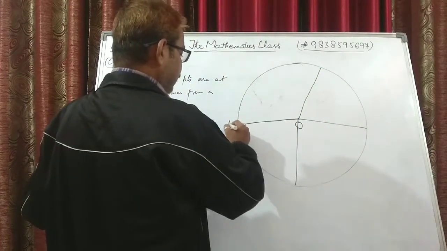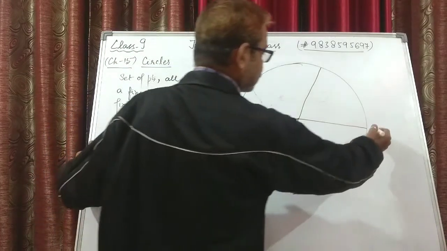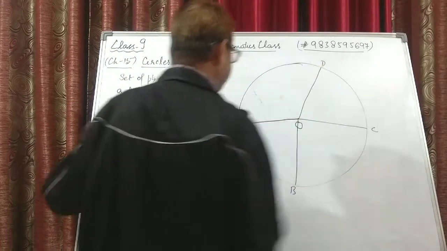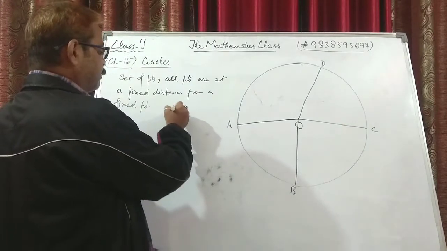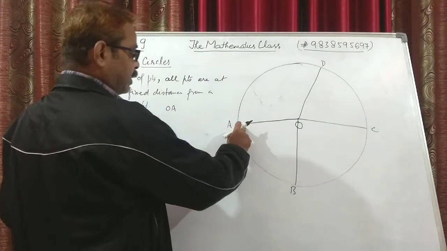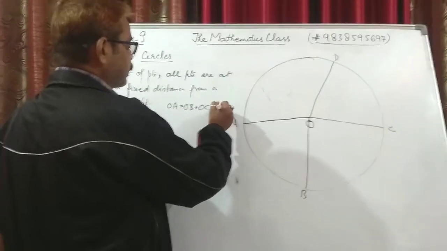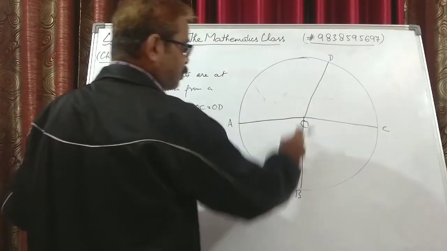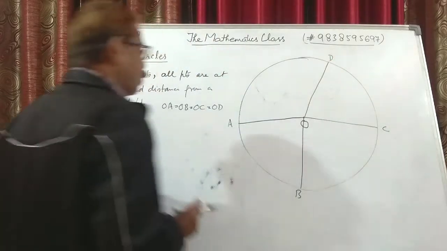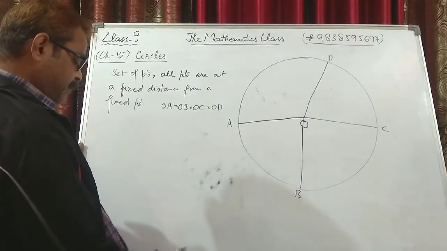Now let us say A, B, C, D. So distance of OA from O to A is same as distance of O to B, O to C or O to D. All these distances are same.